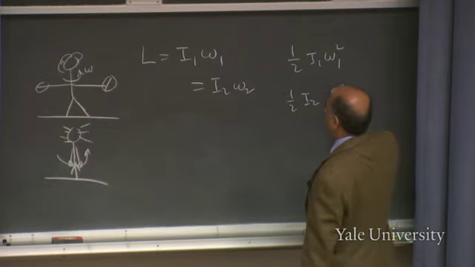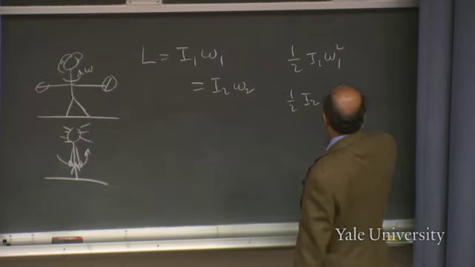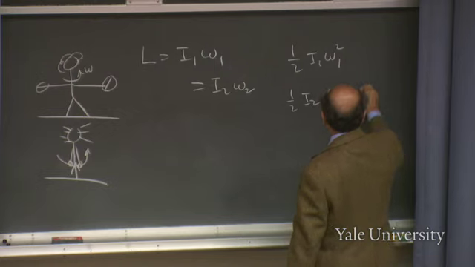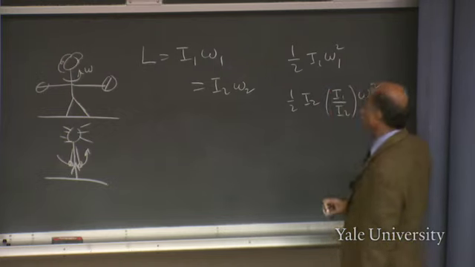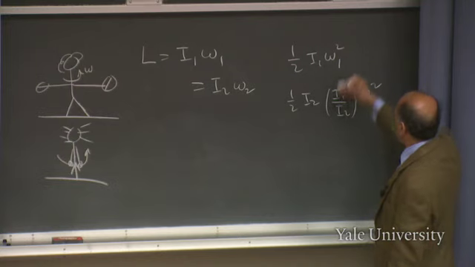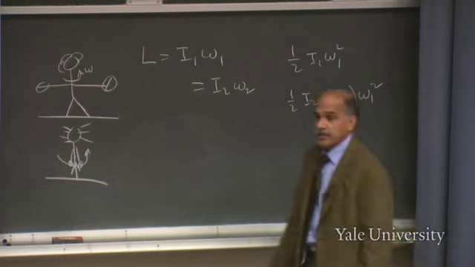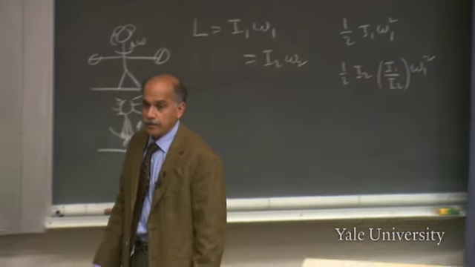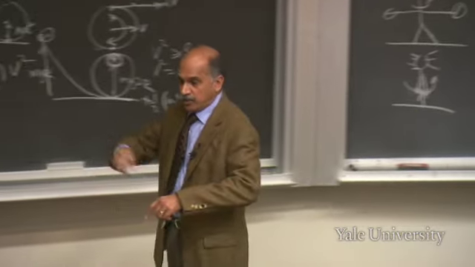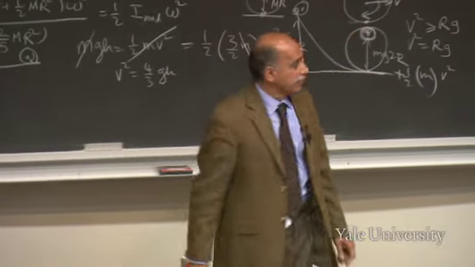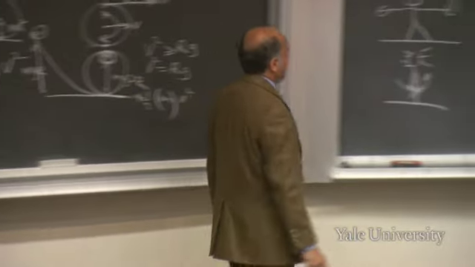But omega 2 can be written as I1 over I2 times omega 1, squared. And you can easily compare the two numbers in the geometry I've given you to show the final kinetic energy is actually higher. When you start spinning faster, you in fact have bigger kinetic energy.